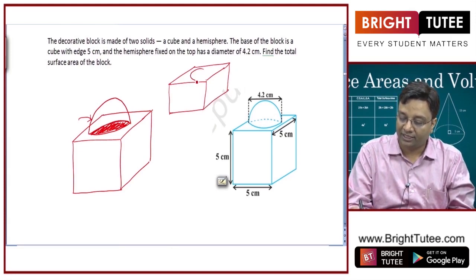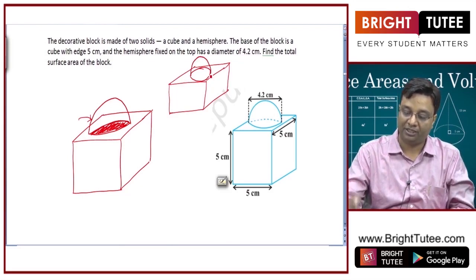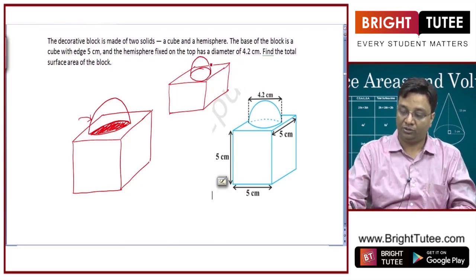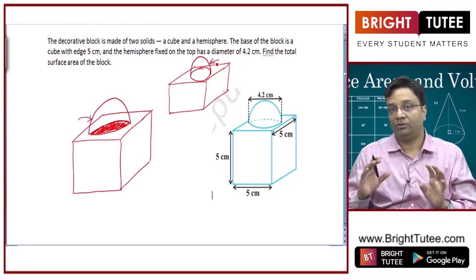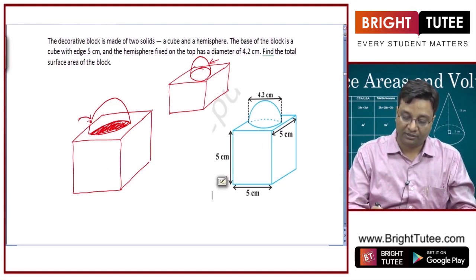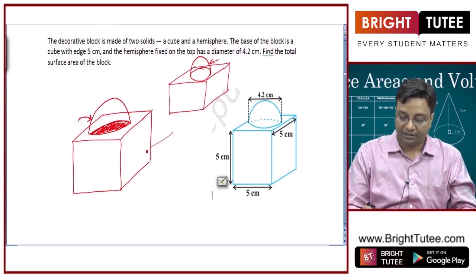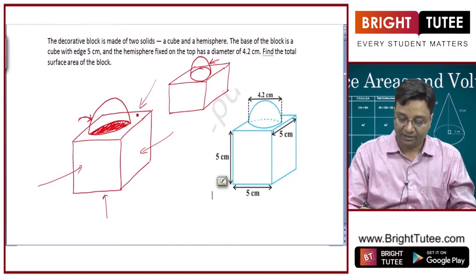So this circular area is gone now, right? Because we have placed something on it. So this new surface will be the required surface that you have to calculate. So in this question, you have to calculate this surface area and surface area of these faces of the cube, right? And this area.